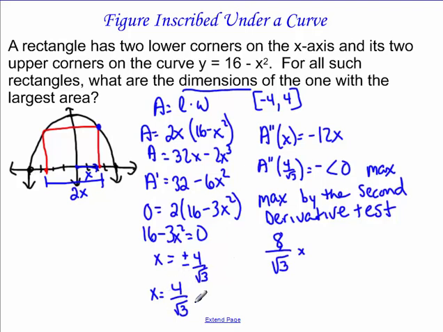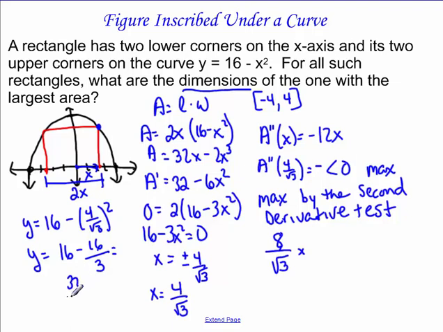And now I plug in this 4 over root 3 into the function to get my y coordinate out, and simplifying that out, we get 32 over 3. So these are our dimensions of our rectangle. Again, I had to multiply our x coordinate by 2 because our bottom base was twice as long.